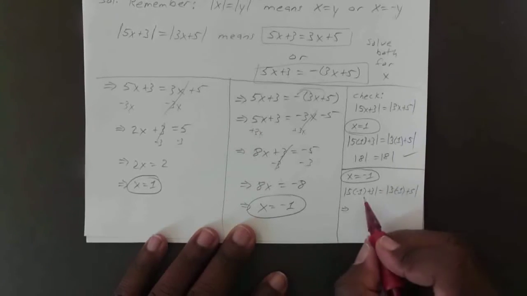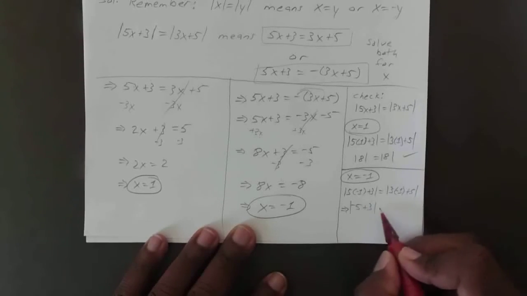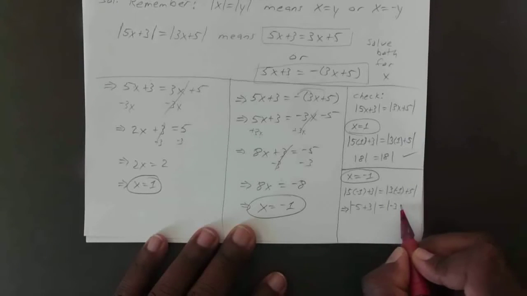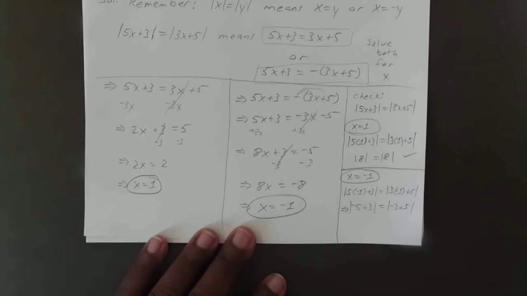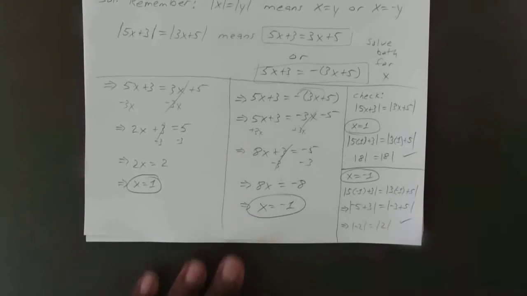So the absolute value of negative 5 plus 3 equals the absolute value of negative 3 plus 5. And that gives us the absolute value of negative 2 equals the absolute value of 2, which is true, because they're both equal to 2.